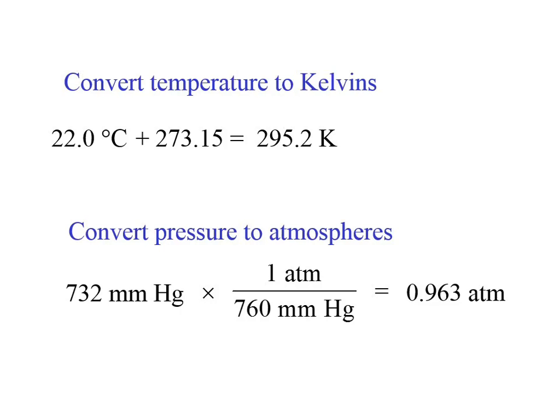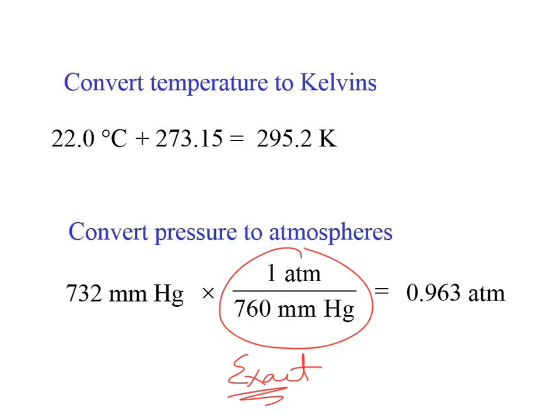So we take the 732 millimeters of mercury that was given times 1 atmosphere over 760 millimeters of mercury. I'll remind you what was on the slide earlier, that relationship is exact, and we all know what that means: it brings no uncertainty. We don't round according to 2 decimals, so we are rounding according to 3 decimals. So our pressure to plug in is 0.963 atmospheres.